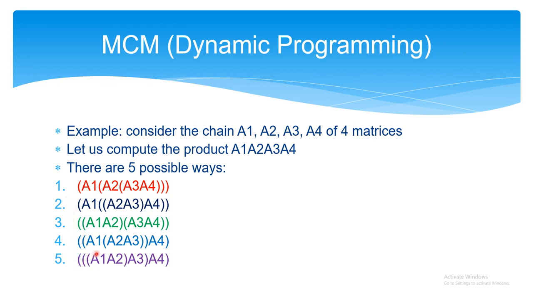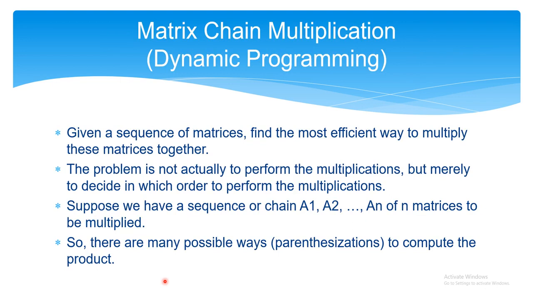So the main task in the matrix chain multiplication problem using the dynamic programming approach is to find out, of these possible ways, which is the best way. Let us briefly understand this problem. You are given a set of matrices and we have to find the most efficient way to multiply these matrices together.